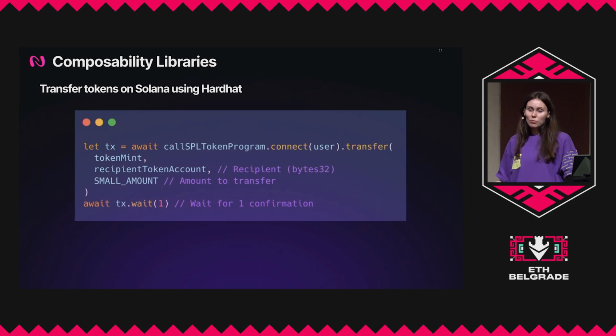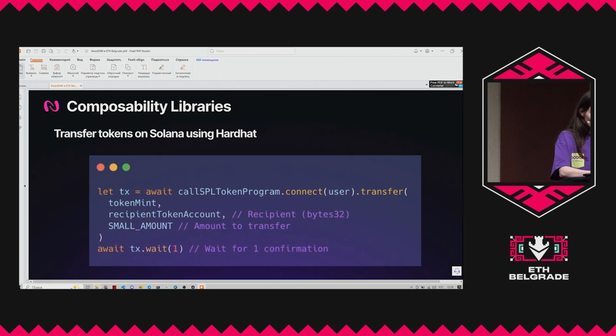It's basically the same function, but for transfer we use the transfer method with a token mint field, a recipient, and an amount to transfer. So this is all very simple, and this is how you can deploy a token and mint tokens to an account using a composability library.